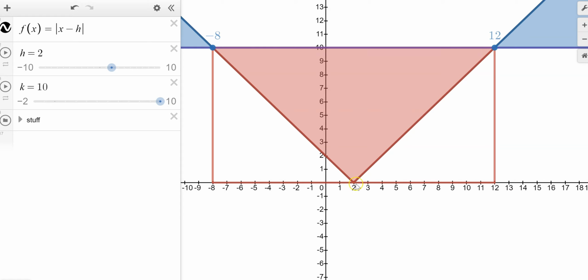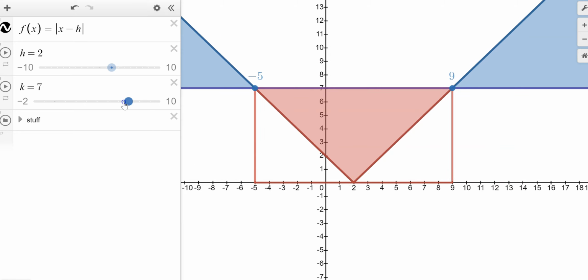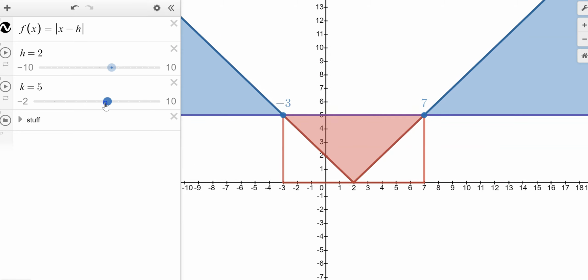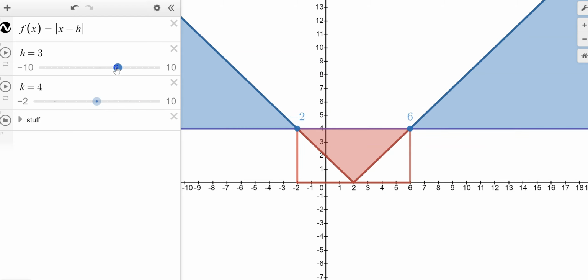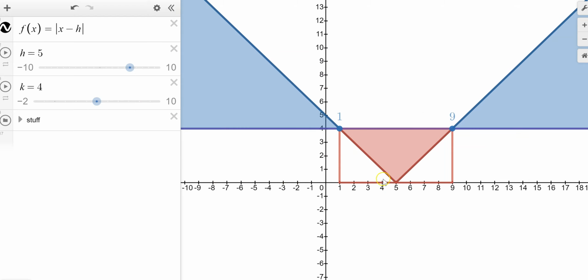And then it's going to be over 12, up 12 to get to the line. So that's 12 units left, 12 units right. It's a -8 and 12. So that's the basic premise behind this whole thing. Let's go back to reset it to 4 and 5. So our solution here was over 4 over 4 from 5. Hopefully you're getting this.